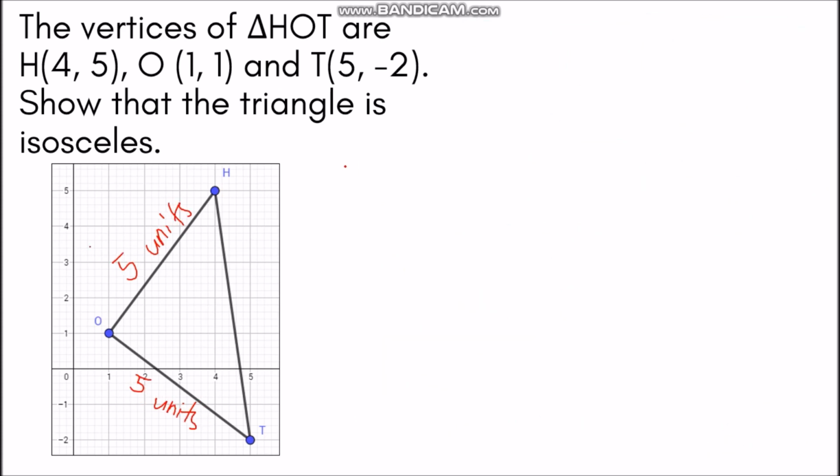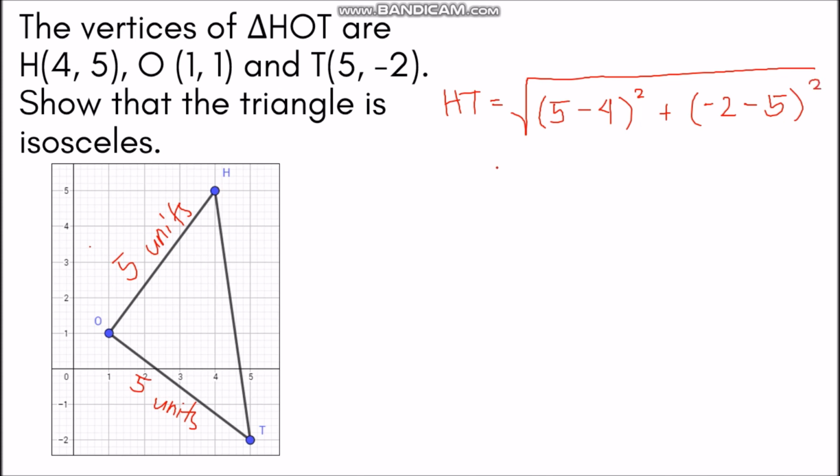And lastly, we will be solving for HT. So we have to get the distance now between point H and point T. H now will be my first point and T is the second point. So x sub 2 now is 5 minus x sub 1, which is 4, then squared, plus y sub 2, which is negative 2, minus y sub 1, which is 5, then squared. So square root of, then 5 minus 4 is 1, squared, plus we have negative 7 squared.